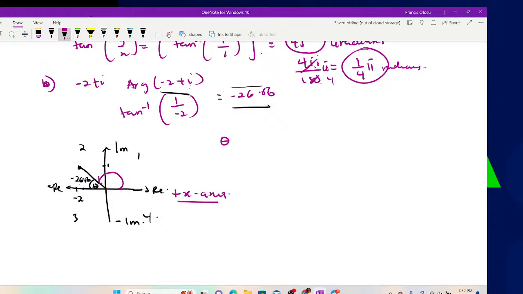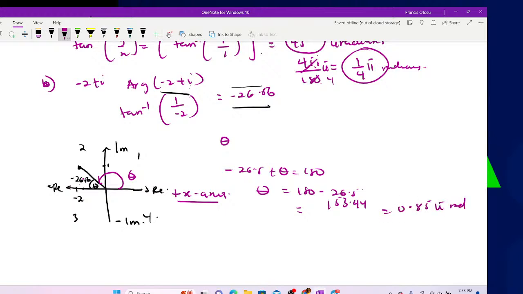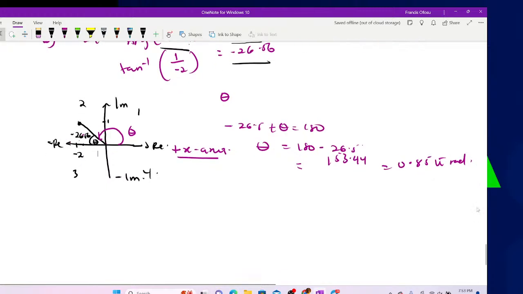From angles in high school, we know that supplementary angles, or angles on a straight line, sum up to 180. So negative 26.56 plus the theta which we are interested in is simply equal to 180. So the argument is 180.44. When we divide this by 180, we are simply going to get 0.85 pi radians. So this is how we find the argument when the complex number falls in the second quadrant. Let me show you some special cases.